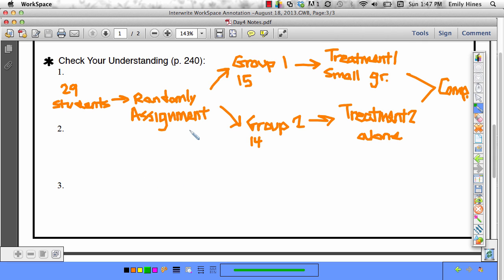Okay, number 2, one way is I could use the hat method, what we just talked about. Another is to say I could number the students from 01 to 29 and pick a line of random numbers, read off 2-digit numbers until I have 15 that are in my range. So those students would be in the small groups and the other students would go it alone, etc. Either one of those methods works.